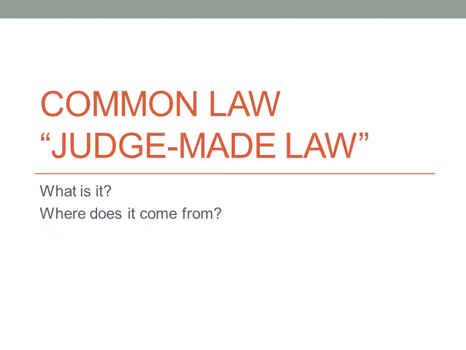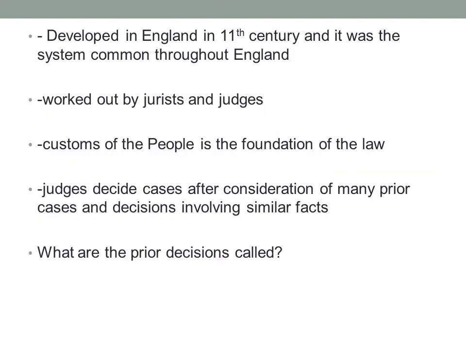We start with the common law. This one has been around for a very long time. It's also referred to as judge-made law. It might also be referred to as case law. And what is it and where does it come from? It developed out of England in the 11th century, and it was the system that was commonly used through England and into the colonial American times, and still is today.